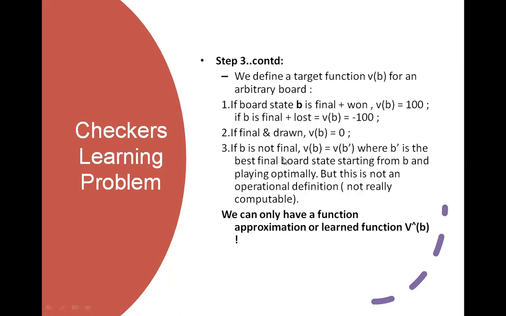Okay. If B is not final, that is, if you make the move and the match will not end, you will enter another board state. Then V of B is equal to V of B dash, where B dash is the best state. Among the various board states, B dash should be the best state compared to the previous state.